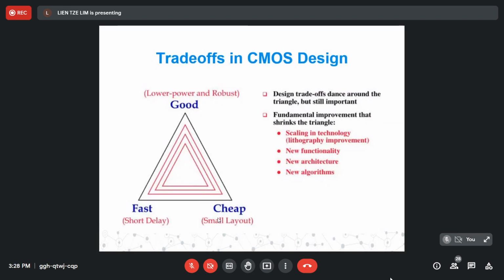Okay, in designing the CMOS device, we have to consider many things. If we want to ensure that the device performs well, we have to make sure that it has low power dissipation, low cost, fast switching speed, and also small delay.